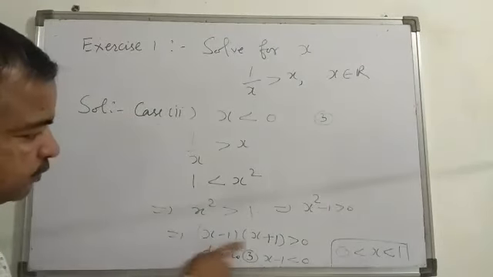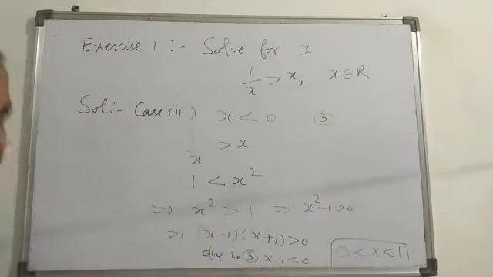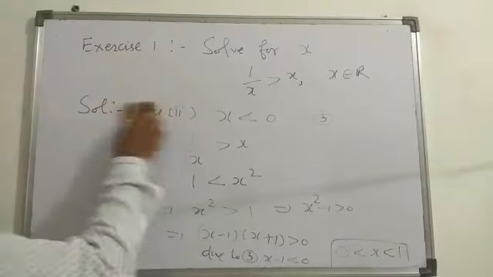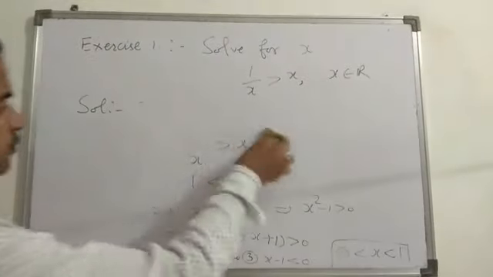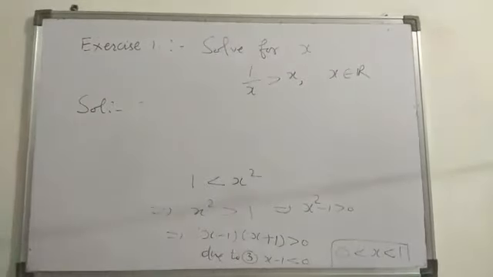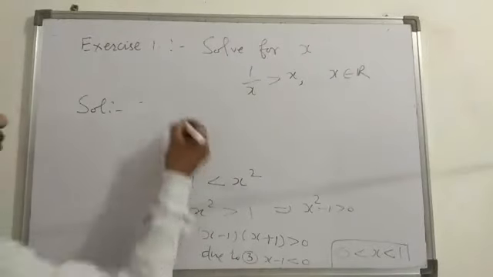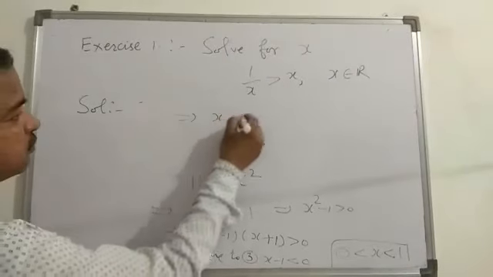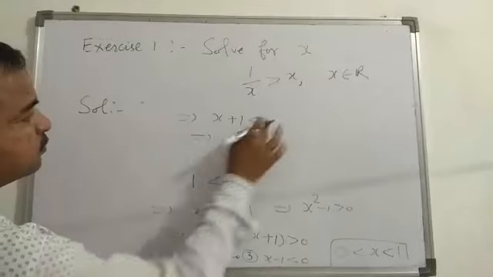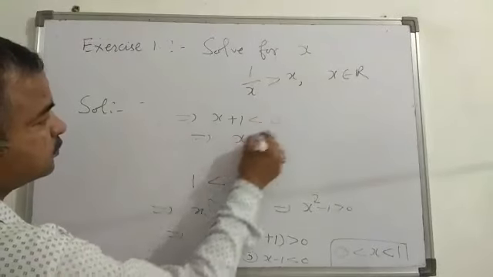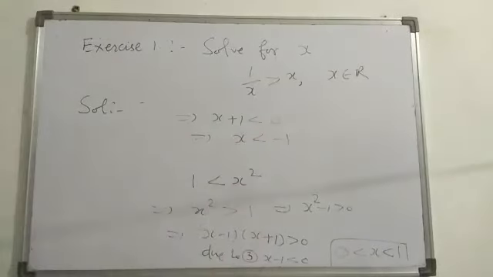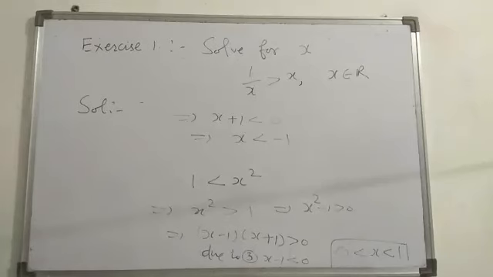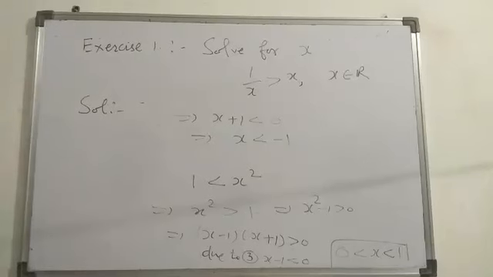So here this is negative, so this means x plus 1 must be negative, x must be less than minus 1. So x is less than 0 as well as x is less than minus 1.